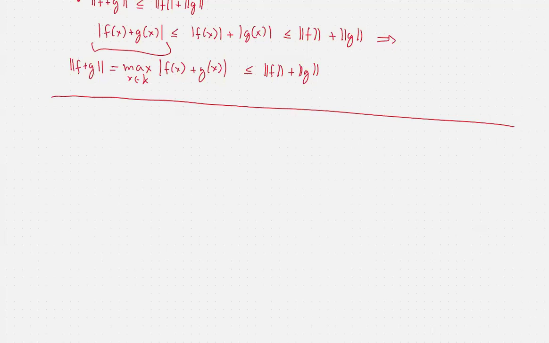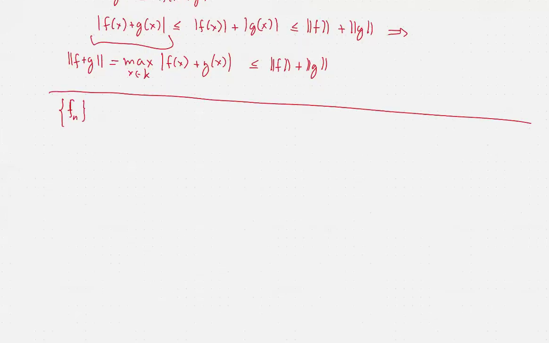So start with a Cauchy sequence in C of K. And this means that the norm of f_n minus f_m tends to zero as n and m tend to infinity.